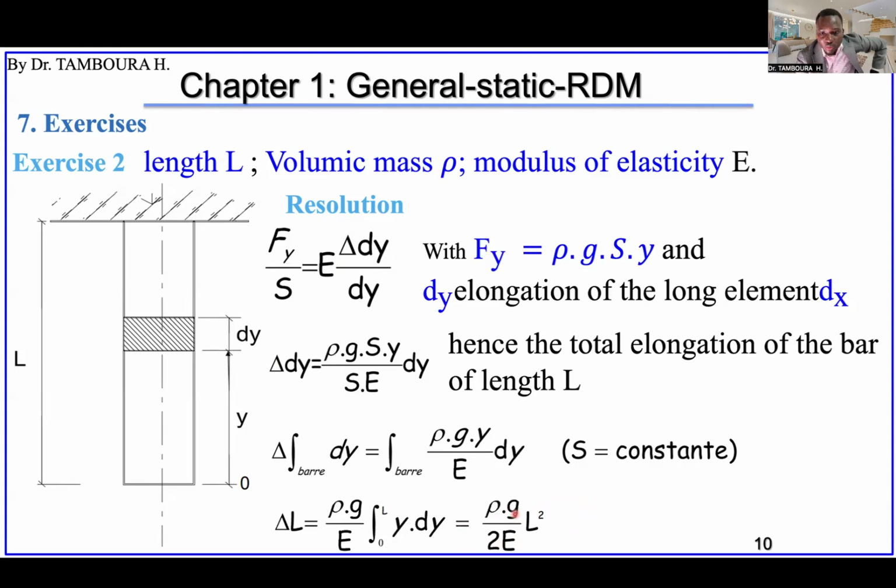Okay, then we can obtain this. It means the total variation in the length will be obtained by this. As you can see, it doesn't depend on the section at all. It depends just on the unit weight, the gravity, the Young modulus, and the length L here.